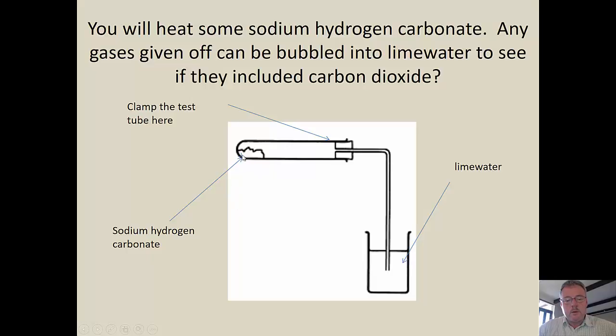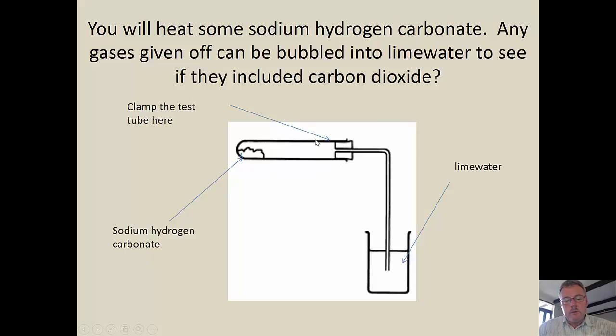Now we have to be very careful, because when we heat and we bubble the resulting gas, which we know is carbon dioxide, through lime water, it should turn cloudy if it's carbon dioxide, because you're going to get calcium carbonate formed from your lime water, which is calcium hydroxide solution.